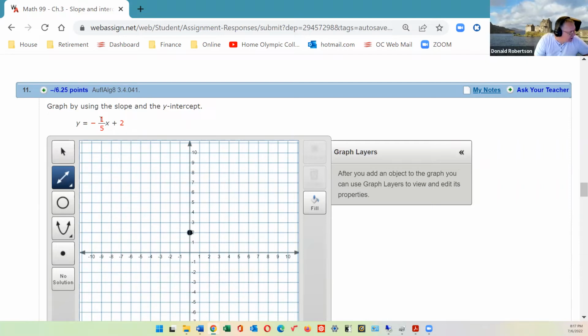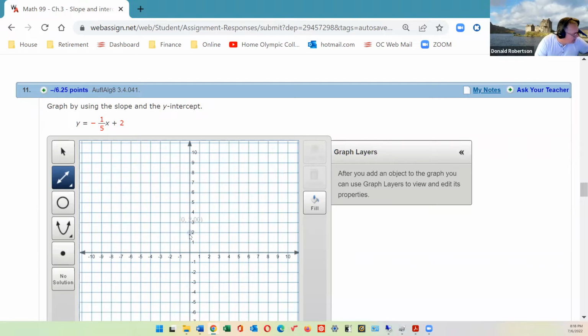Now, a rise of 1 and a run of 5. Well, we have to realize that it's a negative slope, so we have to accommodate that a little bit. If you think about negative, that's really going to be pointing downwards. So I'm simply going to say -1 is the rise, which is essentially going down 1, and then a run of 5.